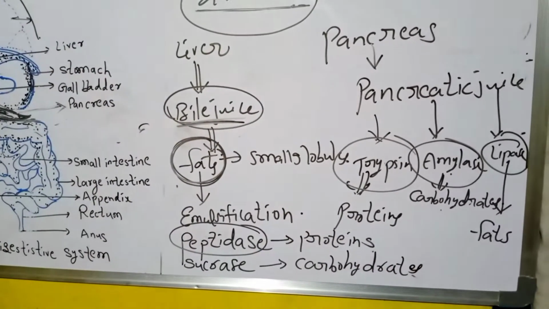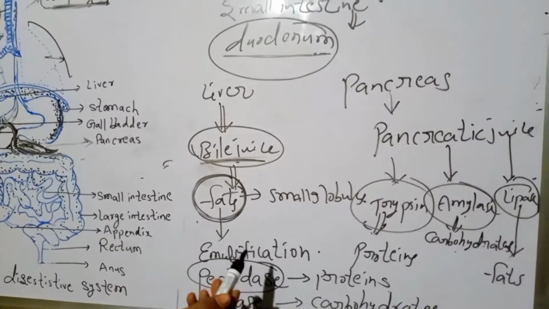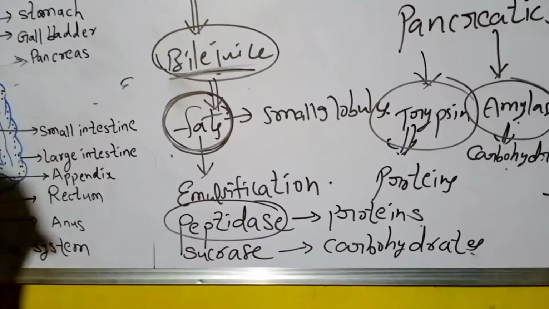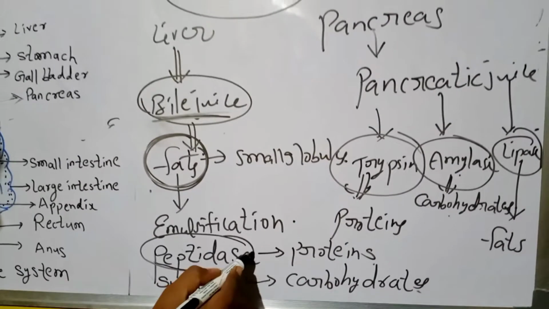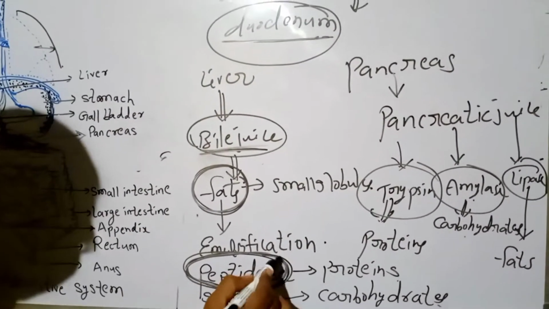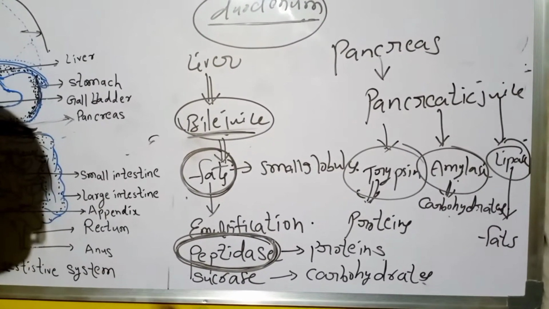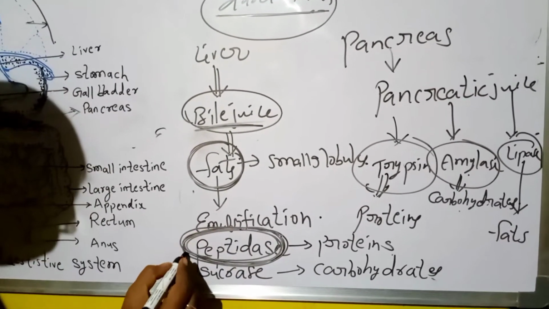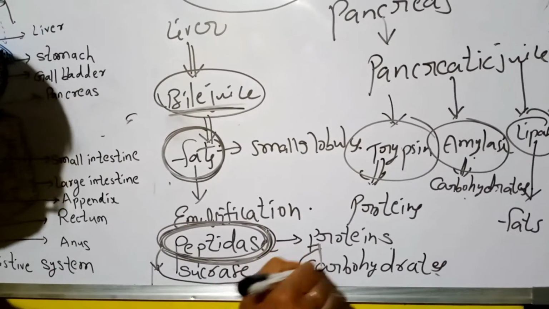Proteins are made up of amino acids. Peptides contain one or two amino acids, and these one or two amino acids combine and join to form peptides.